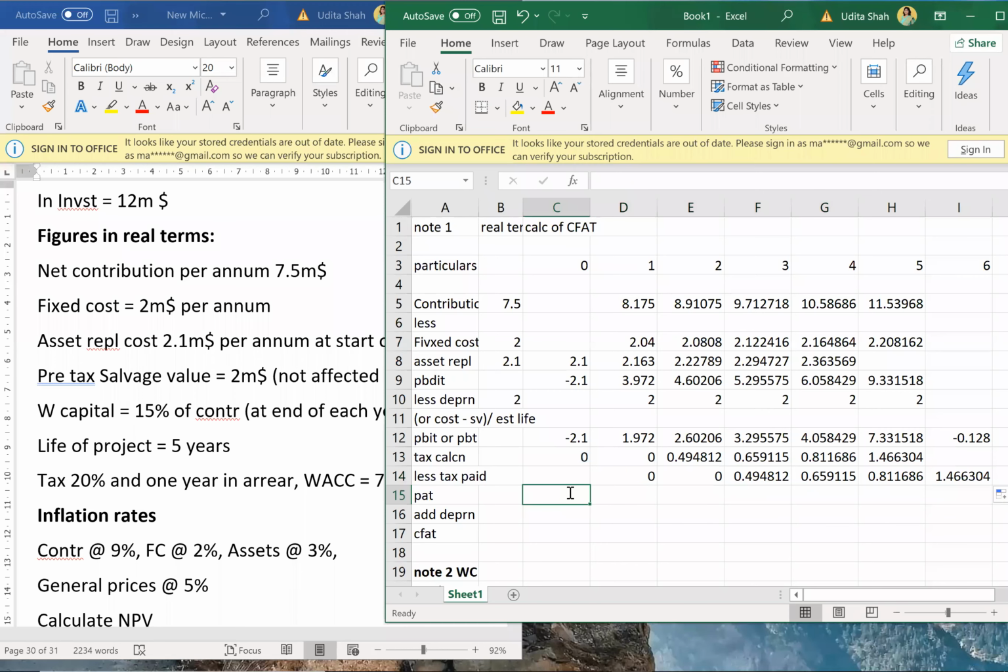So PAT will be what? PAT will be PBT minus tax paid. Don't do tax calculation. PBT minus tax paid.